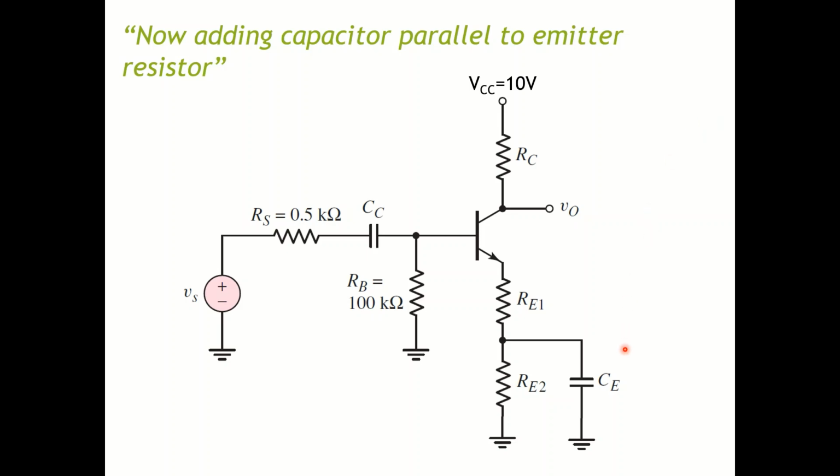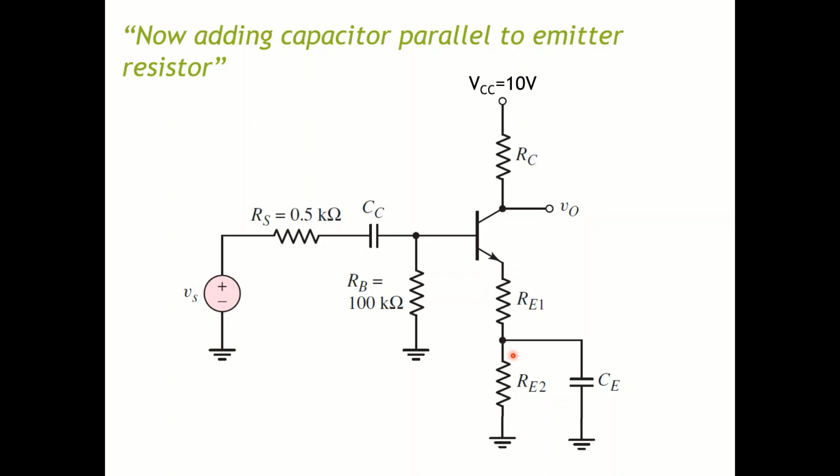Technically, in DC analysis or DC condition, this CE will become an open circuit, and you can remain with a very large emitter resistor here. However, in AC, you can short out this path.